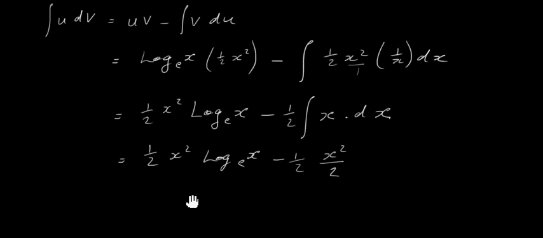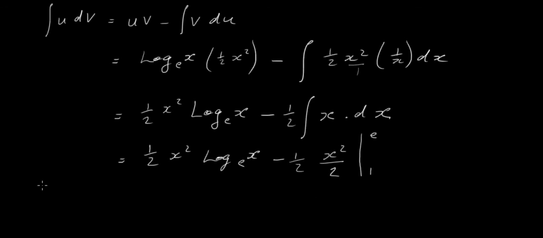I'll just put a line here, and put in the limits, which are e and 1. So what you've got to do is put e in here, here, and here, and then put 1 in here, here, and here, and subtract the two.